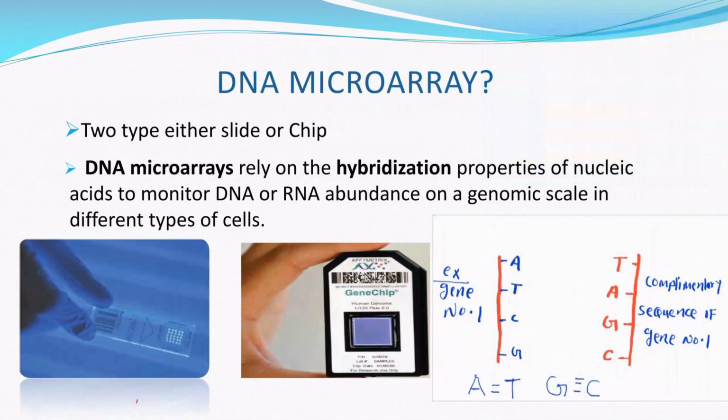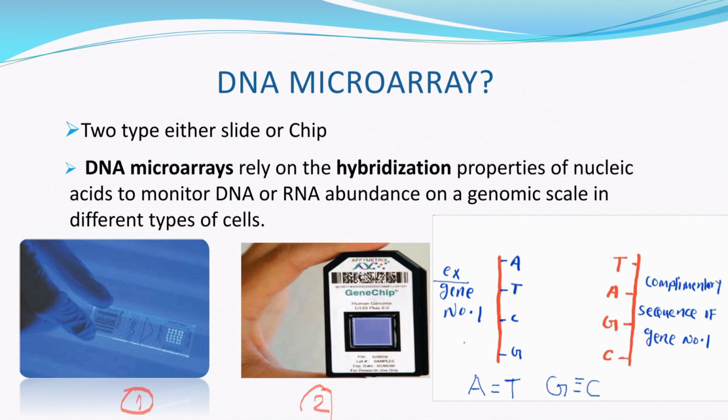We can use either a conventional glass slide or, more advanced, the DNA microchip. In the DNA microchip, we are not using whole genes as we do in glass slides, but oligonucleotides, where oligo means short and nucleotide means sequence.